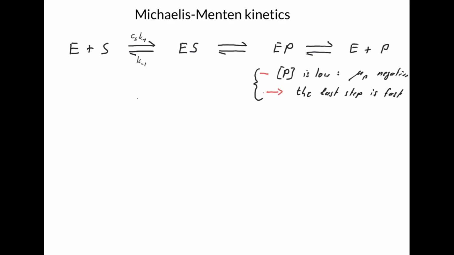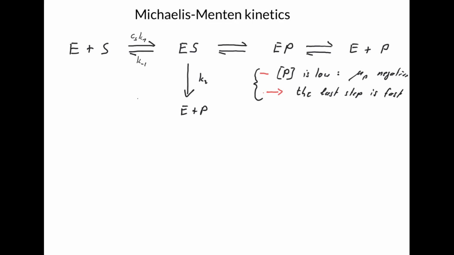Now, to all of those steps, we can assign rates. The first forward rate from E plus S to ES is given by the substrate concentration times k1. There's a backward process that also can happen, where the enzyme releases the substrate again and nothing happens, which we call k minus 1.